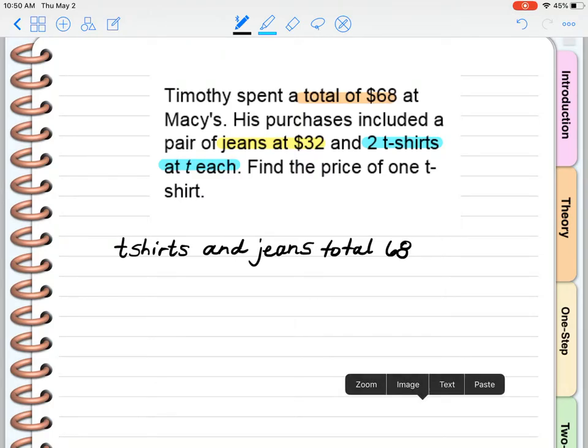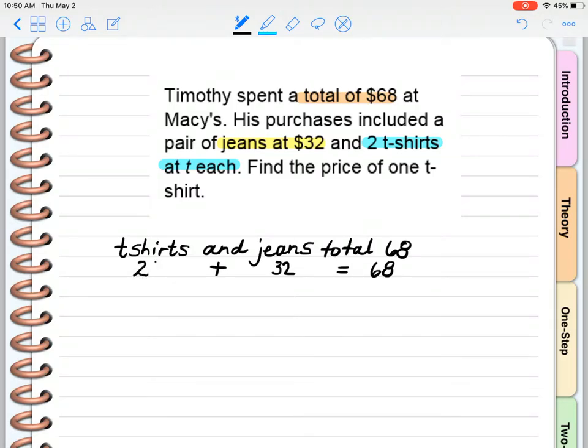So total is 68. We know the price of the jeans was 32. We know that and means add. And we know that he bought 2 t-shirts. So 2 T's plus $32 was $68.